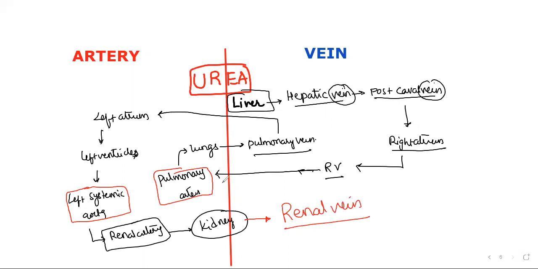Yeah, you already dumped. Means here you imagine it's a waste material, urea. We started from the liver. So that's why we can see here in hepatic vein, postcaval vein, right atrium, right ventricle, pulmonary artery, lungs, pulmonary vein, left atrium, left ventricle, left systemic aorta, till renal artery, you will find urea in large amounts.